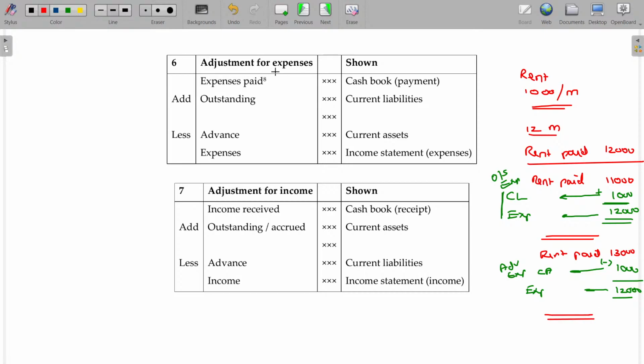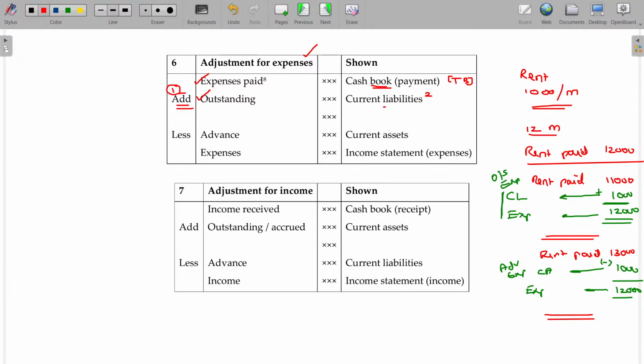So for the adjustment regarding the expenses, actual payment usually appears in the cash book, and finally it appears in the trial balance also. And any outstanding, meaning not matching for the period of your accounting preparation, then the extent of shortage will be called outstanding. It should be added, and addition is one entry, and it should be considered as current liabilities.